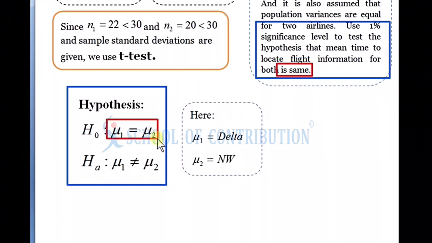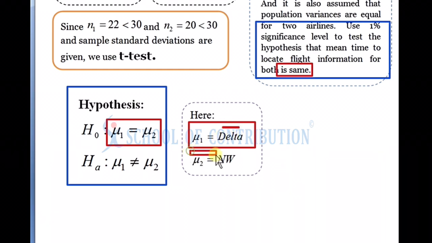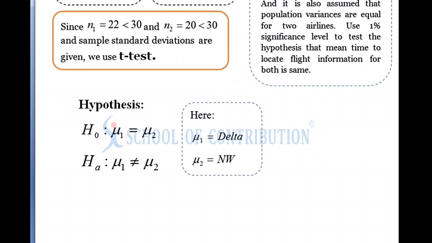So we put mu1 equal to mu2, where mu1 is the mean time to locate information for Delta Airlines and mu2 is the mean time for Northwest Airlines. If we put an equal sign in the null hypothesis, we put a not equal sign in the alternative hypothesis, and this is a two-tailed test, because a not equal sign in the alternative hypothesis means we use the two-tailed test.